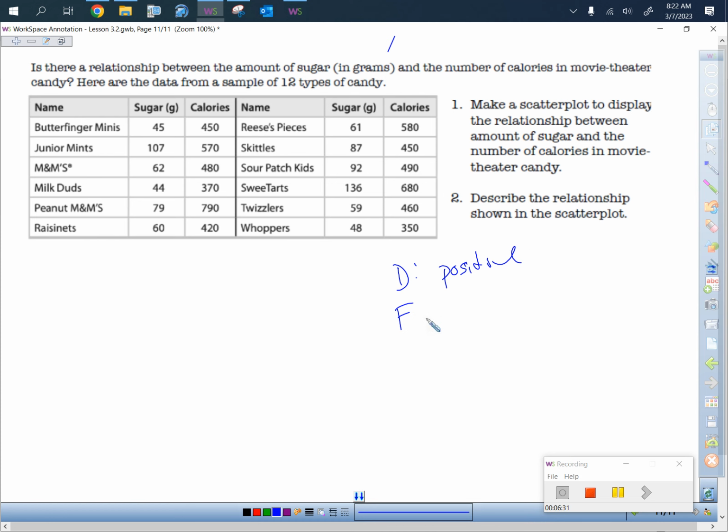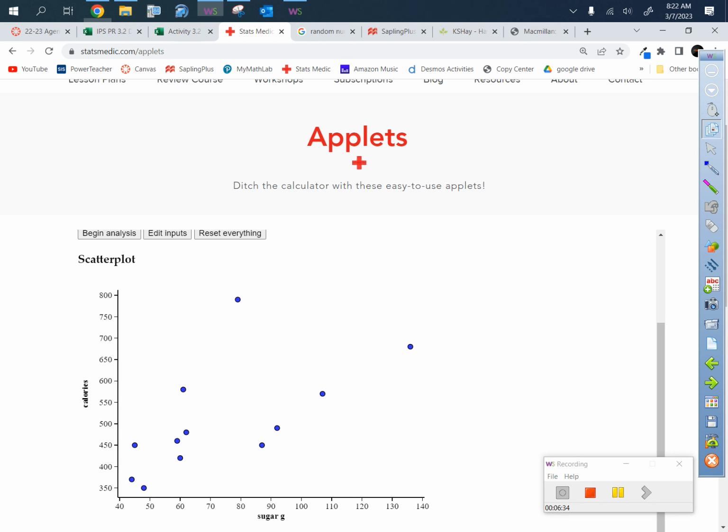Form, linear or non-linear. The reason it's tough to tell is because the strength is definitely weak. Are you with me on that? The strength is weak. So I would still call that linear, and the strength is for sure weak.